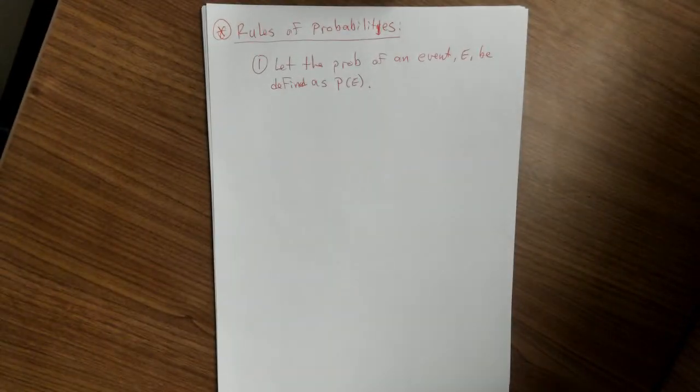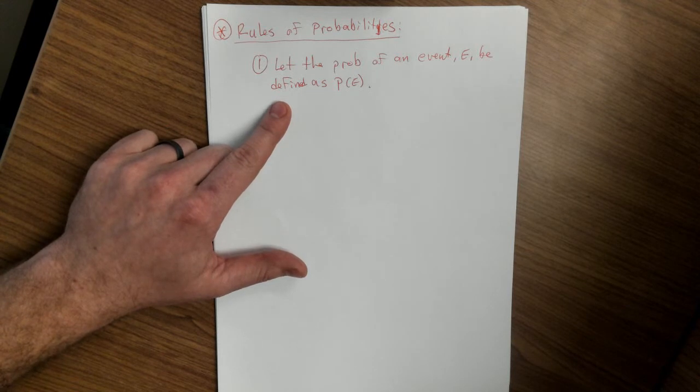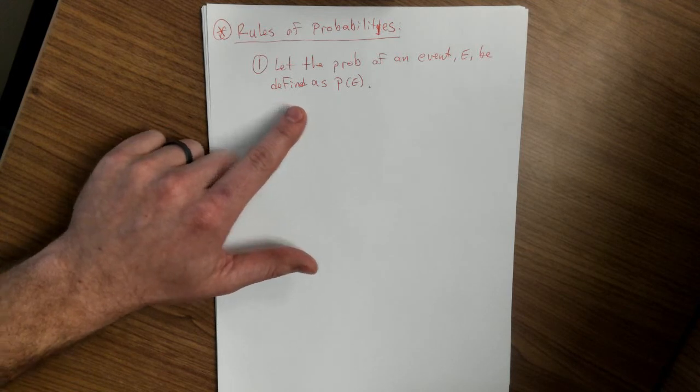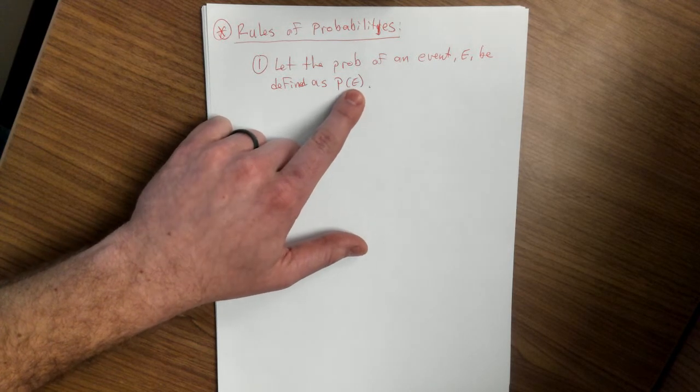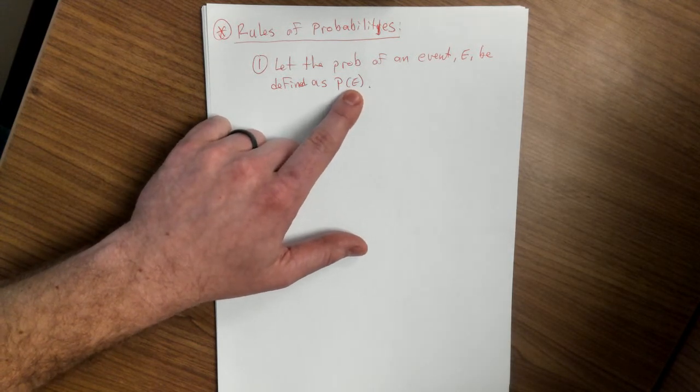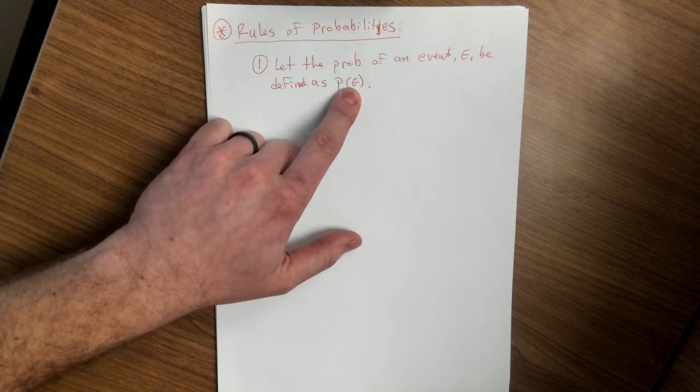The P means the probability of E occurring. If you think of our previous example, E was rolling an even number, so this would say the probability of rolling an even number.